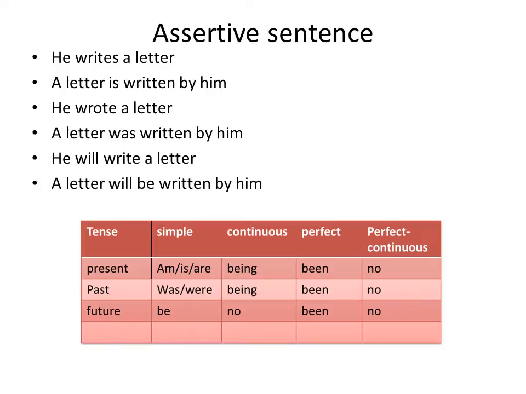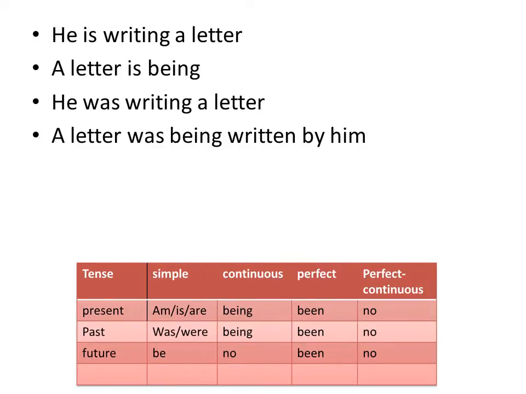A letter is singular, so we have to use was here. Then written by him. In the same way, in simple future tense, we do like this. He will write a letter. Then the answer will be, we just have to add be in this sentence: a letter will be written by him. So here are some examples in continuous form.